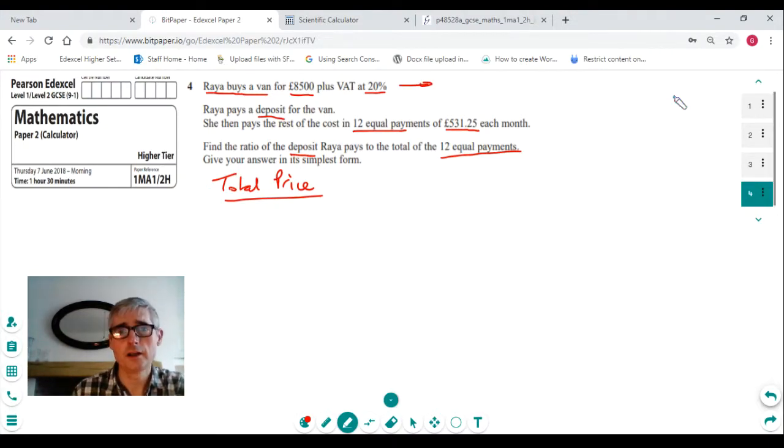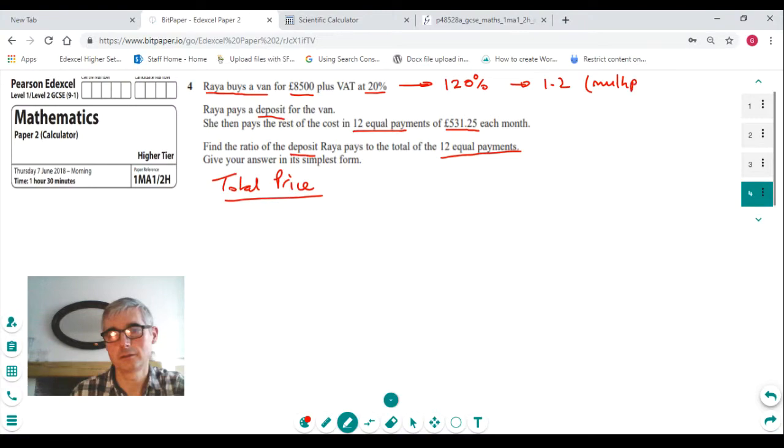So if we're adding on 20%, that means we've now got 120%, which we convert to a decimal, which is our multiplier, by moving the decimal point 2 places to the left. So that would give us 1.2 is our multiplier. And to find the total price, we take the 8,500 times it by 1.2.